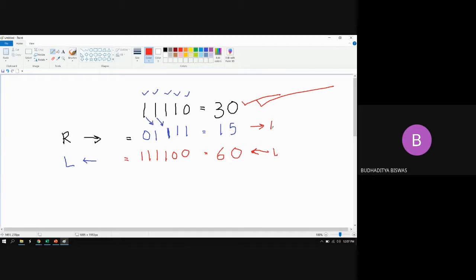So this is the importance of the shift register. 1 bit shifting towards the left means it will be multiplied by 2, and 1 bit shifting towards the right means it will be divided by 2. So this is one of the main applications of the shift register apart from the scrolling display. Got it?